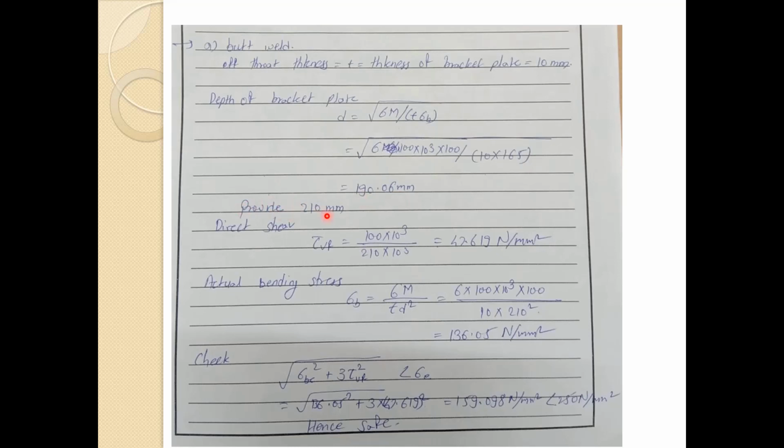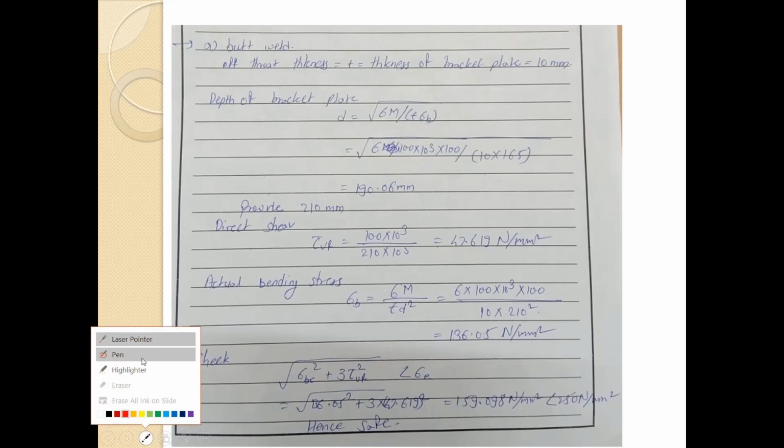It is always better to provide more depth. So for the direct shear, we have the formula tau F equals P, that is this force, divided by D into T. So 100 into 10 raised to 3 divided by 210 into 10.